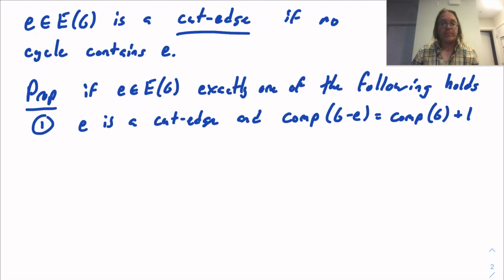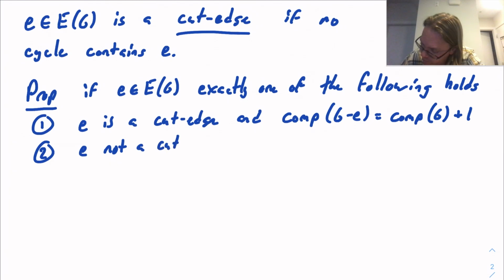So in our picture, imagine your graph has many different components. Maybe the edge E is a cut edge and it lives in this component. Then when you delete it, suddenly you have two components there instead of one, so the number of components is going up by one. The second possibility is E is not a cut edge.